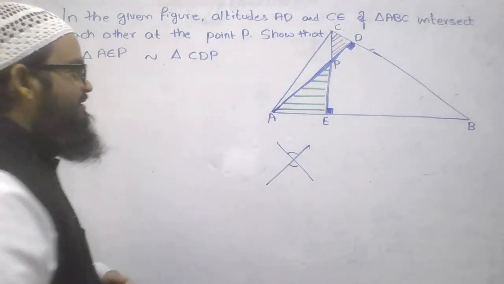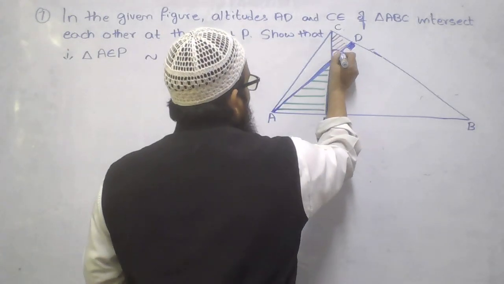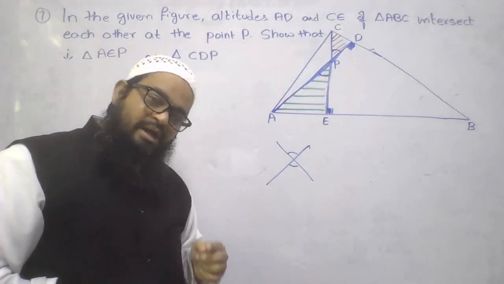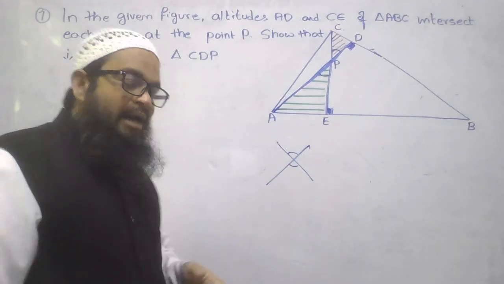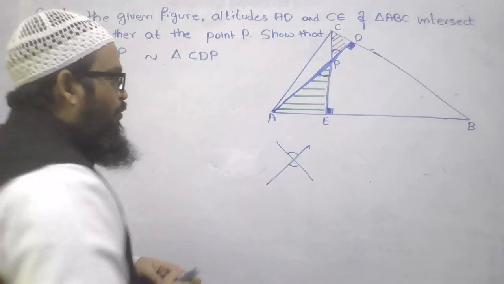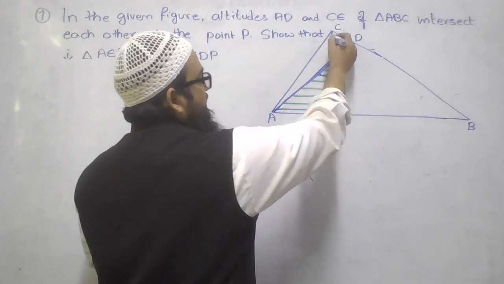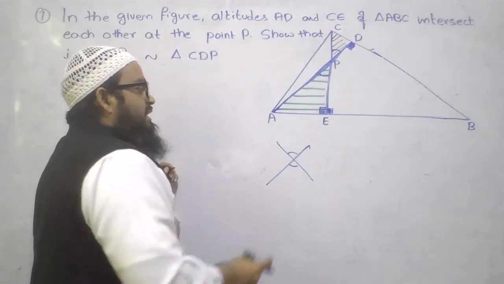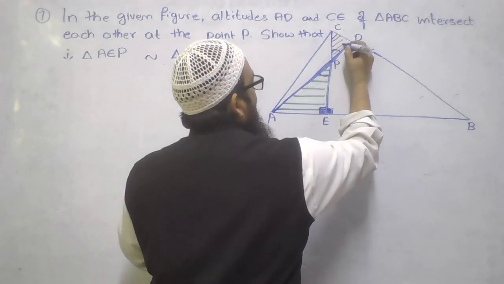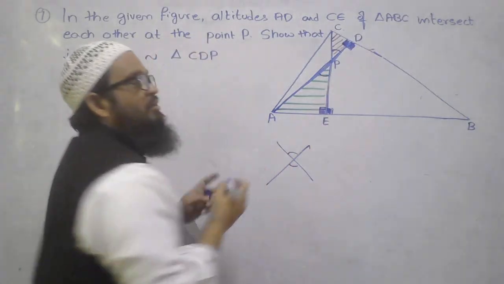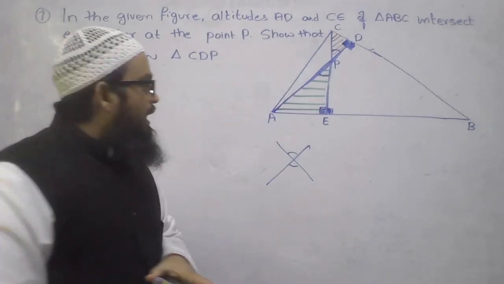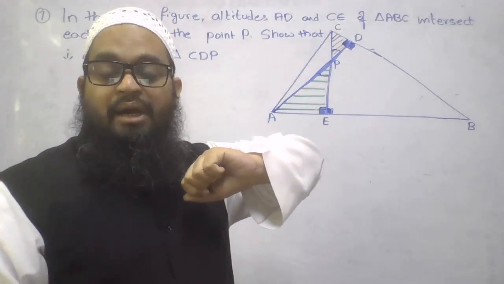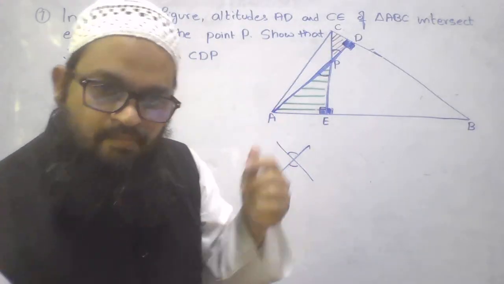Vertically opposite angles, so this angle is equal to this angle. So I got one angle equal. Either I have to get side, side or one more angle. If I carefully see, the angle here is 90 degrees. CD is perpendicular, that means angle AEP is also 90 degrees. In the same way, AD is an altitude, so the angle over here is also 90 degrees. So in the red triangle and green triangle, I got one more angle equal. So these two are similar.